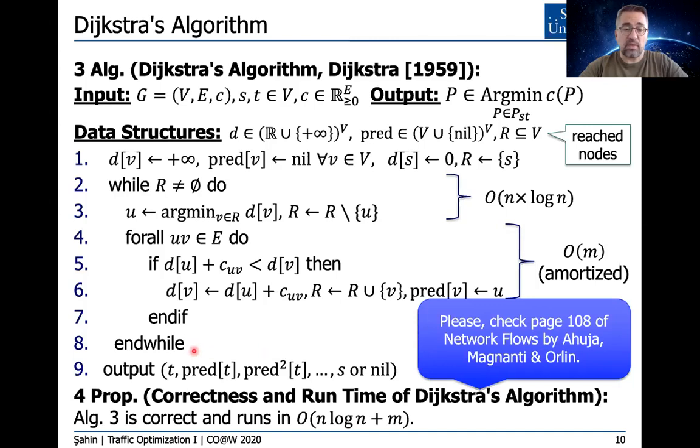Also, we can talk about the correctness of the algorithm shortly based on how the algorithm progresses. Now, the main idea here is that the algorithm selects the minimum distance label at each iteration. And because the minimum distance label is selected at each iteration, the distance labels are correctly updated only when necessary.